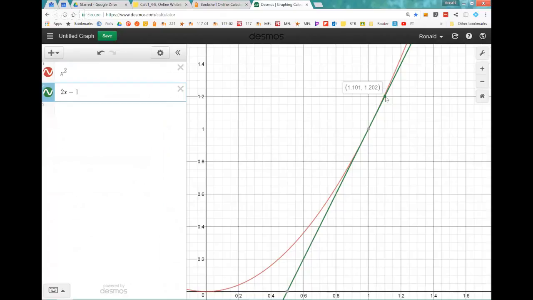At 1.1, will the green line give me a pretty good approximation for the height on the red? Yeah, you can see that the red curve and the green line are so close together, it's going to give me a pretty good approximation. Okay, so c in this case is 1.1.